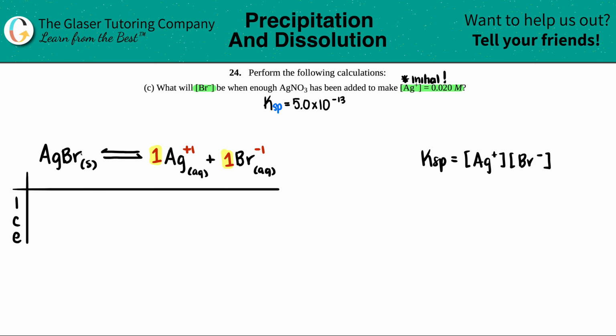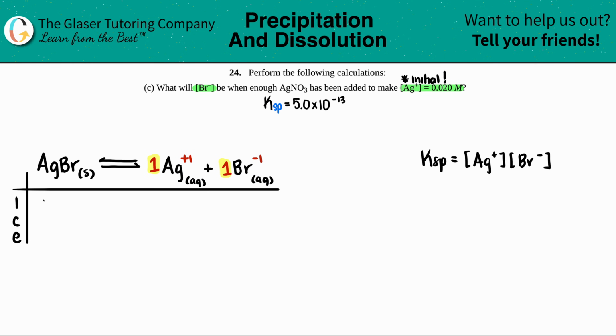Remember, solids don't get included into our ICE table, so I'm just going to cross off the whole reactant side, because that's a solid. And then they told us that we started off with 0.020 molarity. Remember, I stands for initial, and no bromine, so 0.